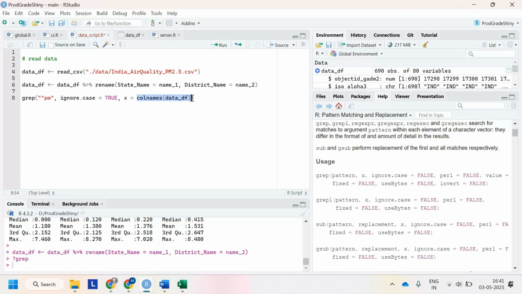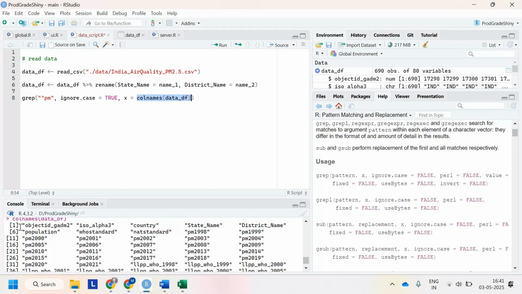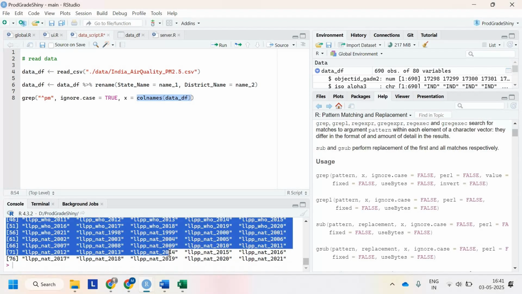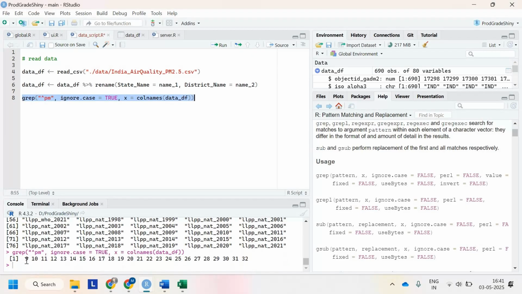If you run this particular code, you will find all the names of the columns. Out of all the columns, I want those that have the PM pattern. If I run this code now, it will give you the index values, like the 9th, 10th, 11th. By using these index values, you can grab the column names of that particular data frame.